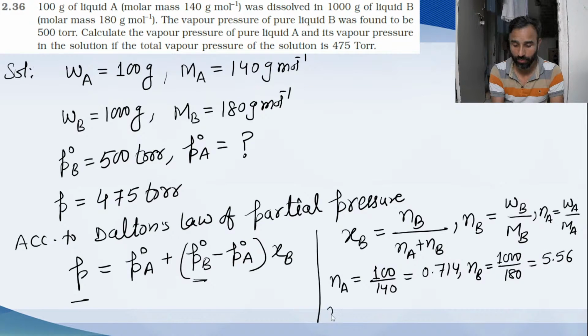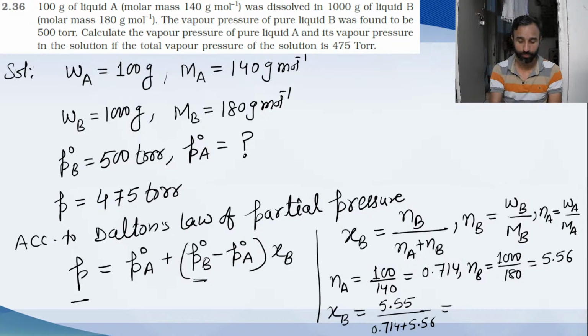So XB equal to NB, 5.56, divided by 0.714 plus 5.56. So 5.56 plus 0.714 is 6.274.